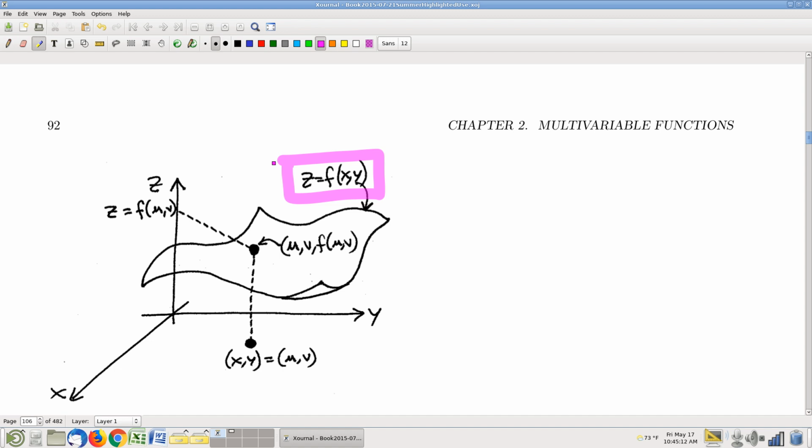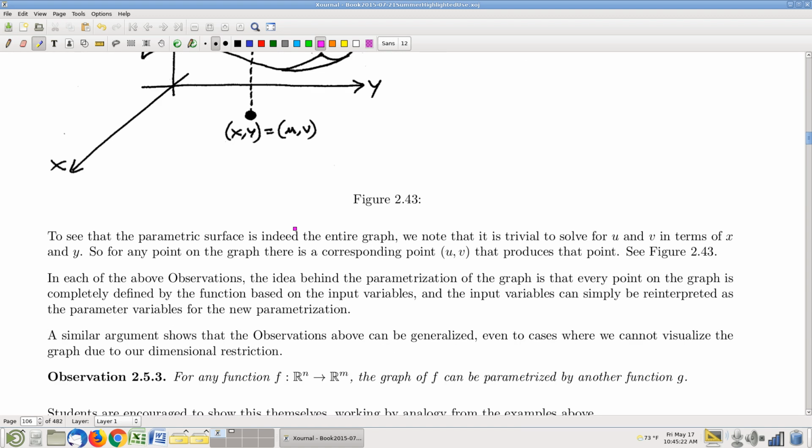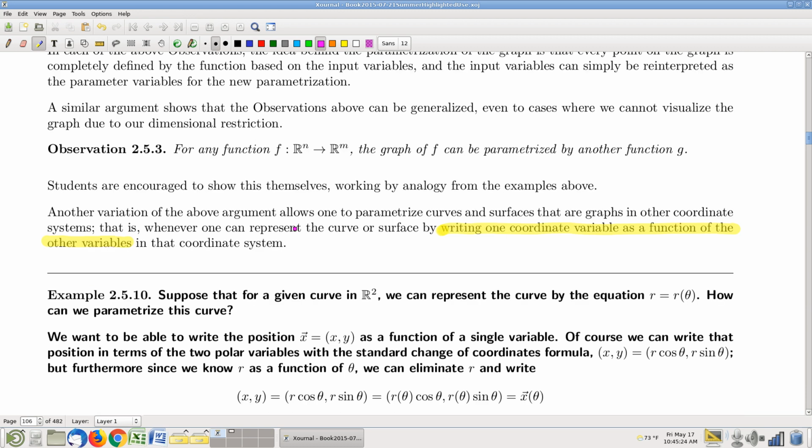So along those lines, we might ask, what about a polar graph or a spherical graph? Something like that, right? And I'm going to point out that what we really need in order to make my trick work is to be able to write one of the coordinates of a coordinate system as a function of the other coordinates in that coordinate system.